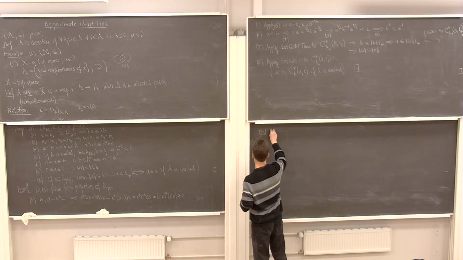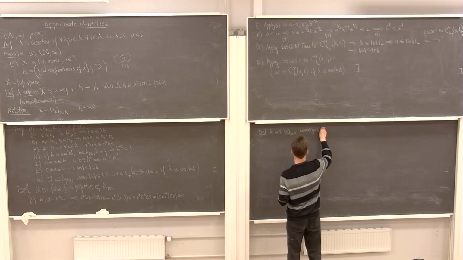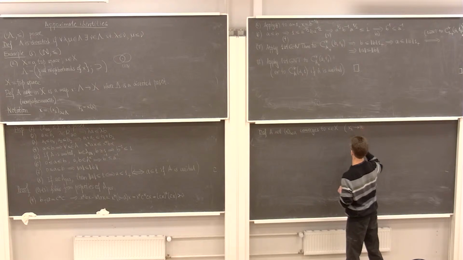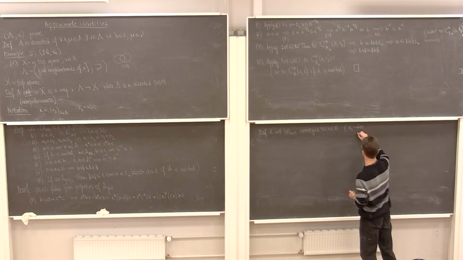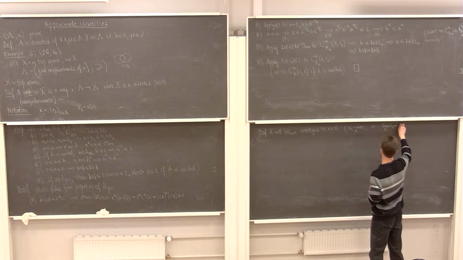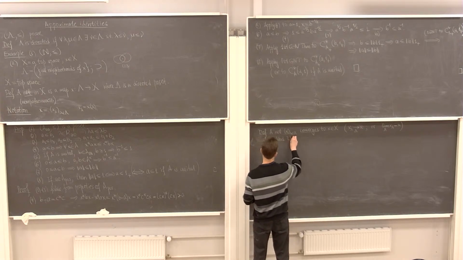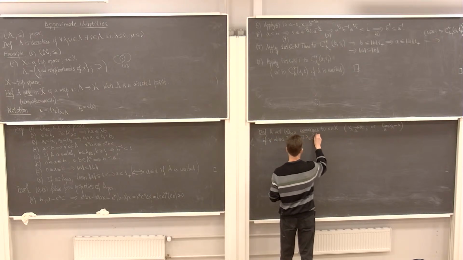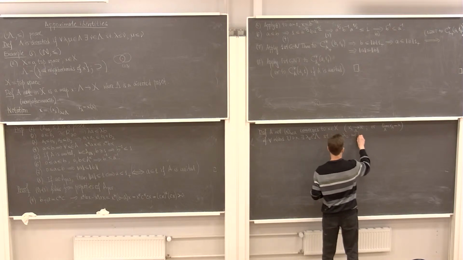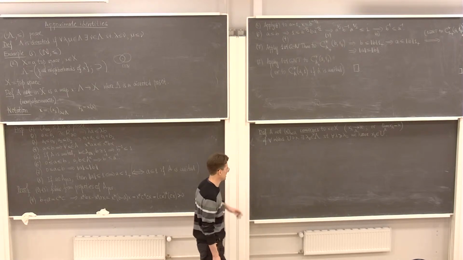We say that a net x lambda converges to a point little x, and write the following combination of symbols, or we can also write that the limit of this net is equal to x, if for every neighborhood U of x, there exists a lambda 0, an element of our set lambda, such that whenever lambda is greater than or equal to lambda 0, we have the following inclusion: x lambda belongs to U. So literally the same definition as in the case of sequences.